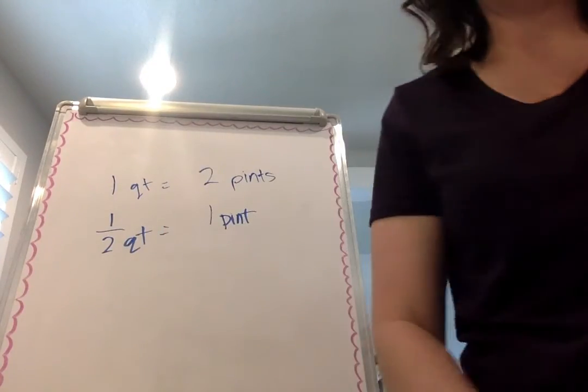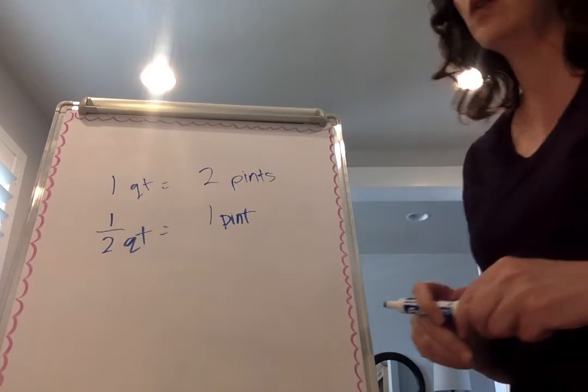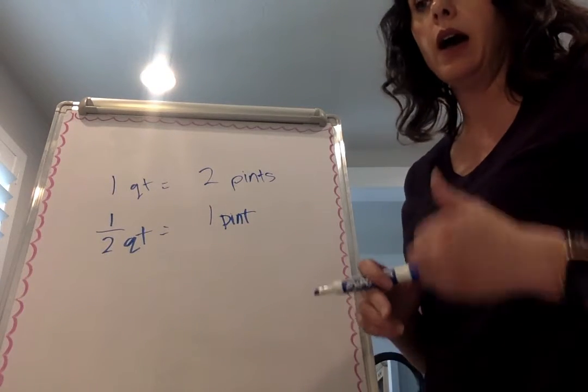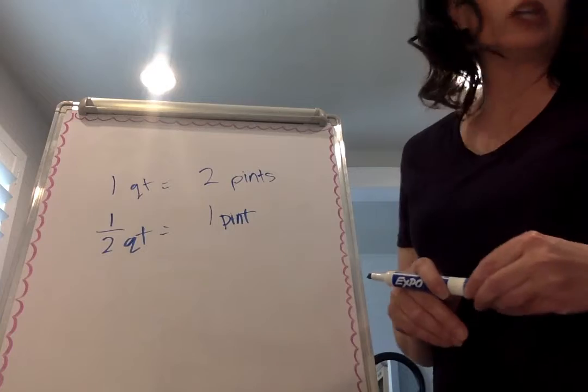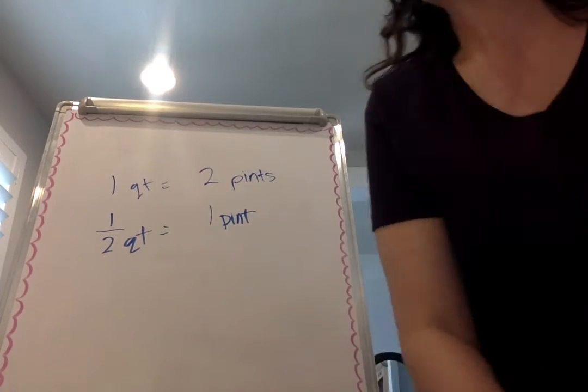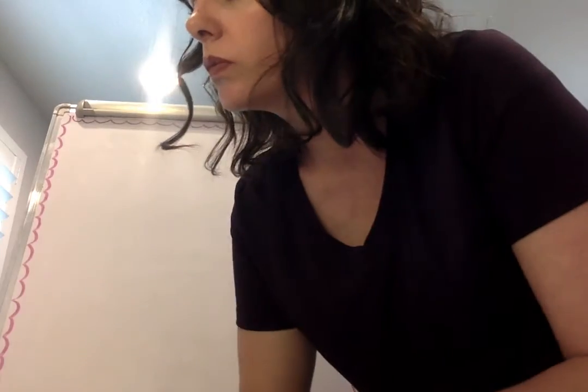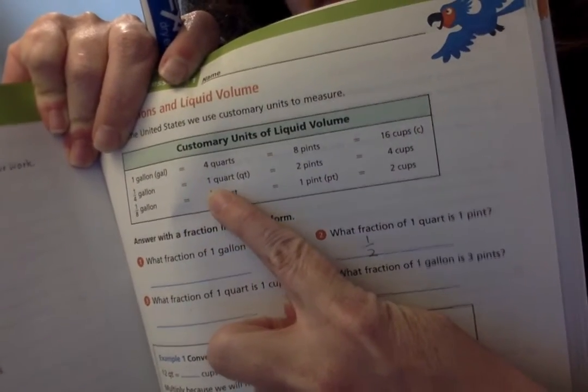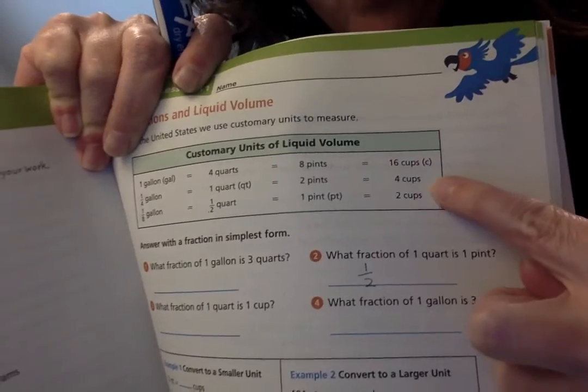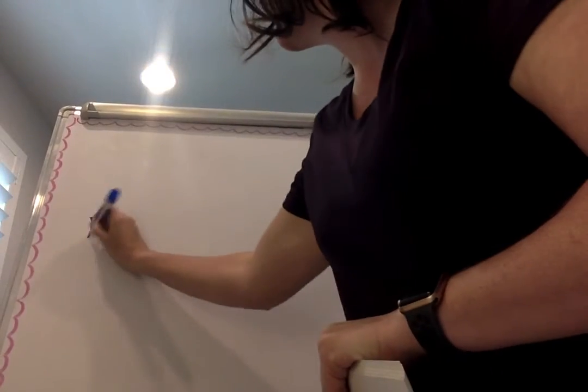Okay, number 3. What fraction of 1 quart is 1 cup? Let's take a look at our chart. Okay, let's see. It says that 1 quart equals 4 cups.